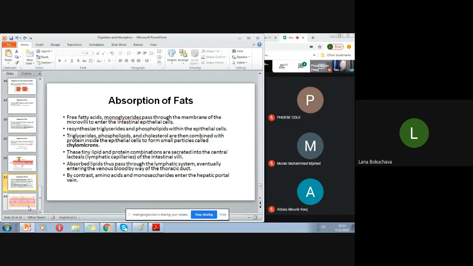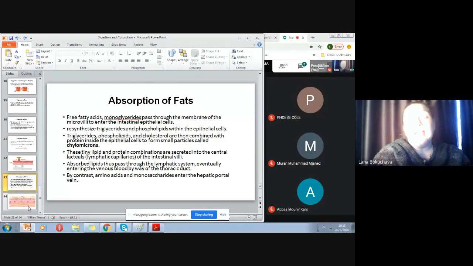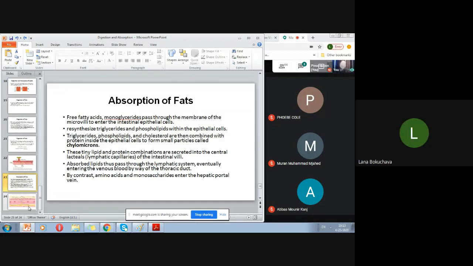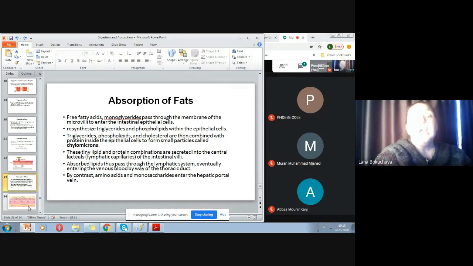As a result, the absorbed lipids are entering the blood through the lymphatic vessels. That's why, if you remember, when we saw the functional structure of the villi with the parts of the blood vessels and so on, there was also the lacteal representing the part of a lymphatic vessel.